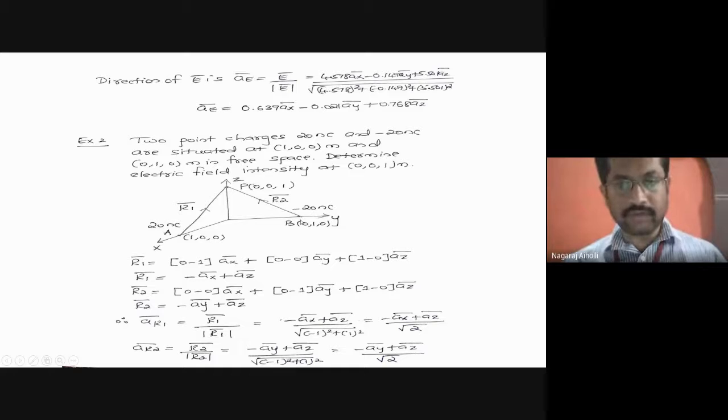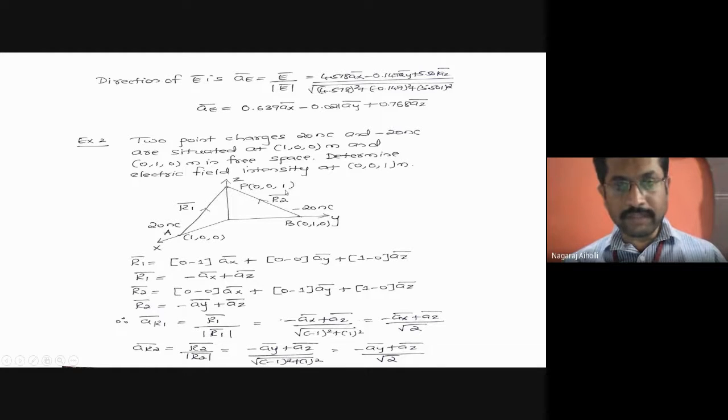R2 vector, that is from point B to point P. That is destination minus source. R2 vector is equal to 0 minus 0. Here the x coordinate of P is 0, and the x coordinate of B is 0, so 0 minus 0 into AX bar. Then the y coordinate of P is 0 and the y coordinate of B is 1, so it is 0 minus 1 into AY bar.